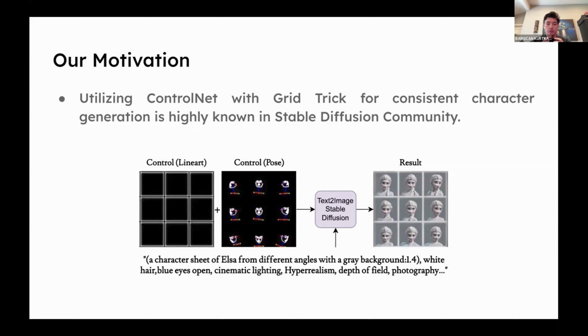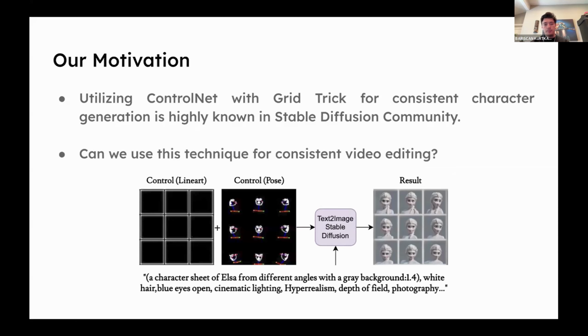For example, if you have a line art of grids, as you can see on the left, and also some poses, and if you have a detailed prompt, as you can see in the bottom, a character sheet of Elsa from different angles with a gray background, etc., you can leverage a text-to-image Stable Diffusion model to generate a consistent character with different poses.